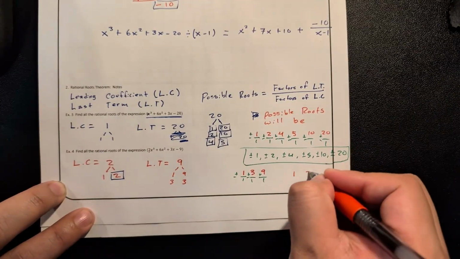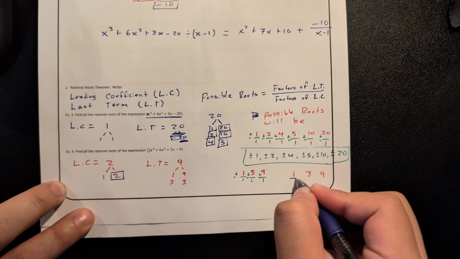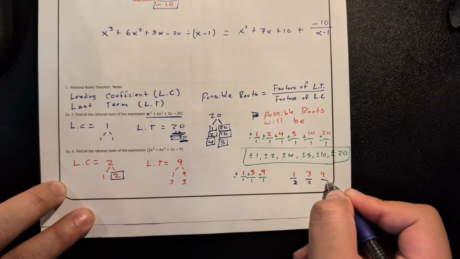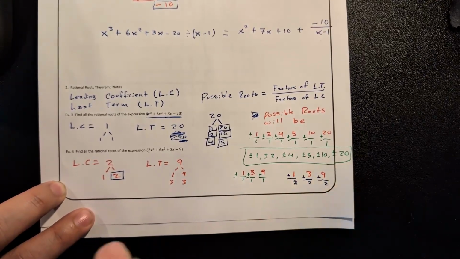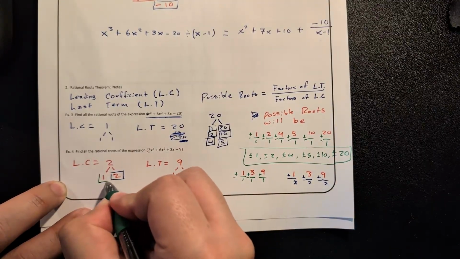So we have 1, 3, 9, but this time we're going to divide by 2, divided by 2, divided by 2. And these are going to be plus or minus. And then this one came from this one here.